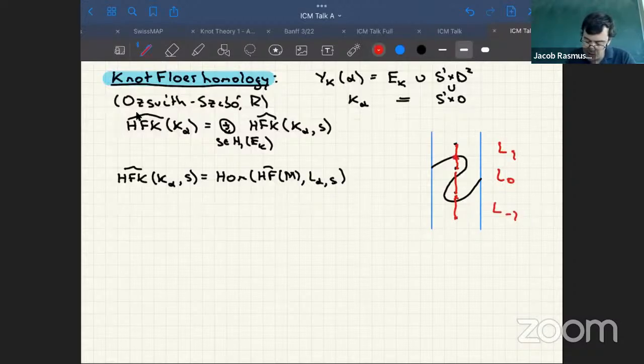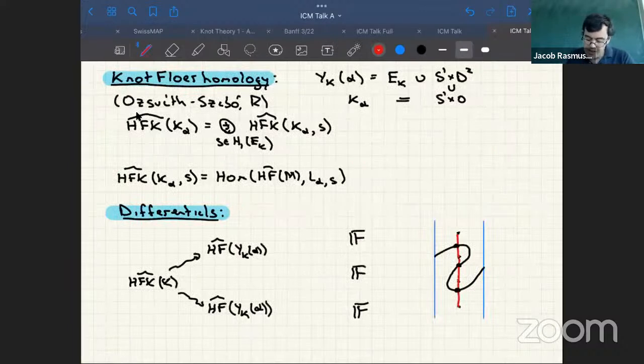So for example, here I see that I have 3 generators for the knot Floer homology. And those correspond, according to these heights, 1, 0, and -1, to T, 1, and T inverse, which gives me the Alexander polynomial of the trefoil.